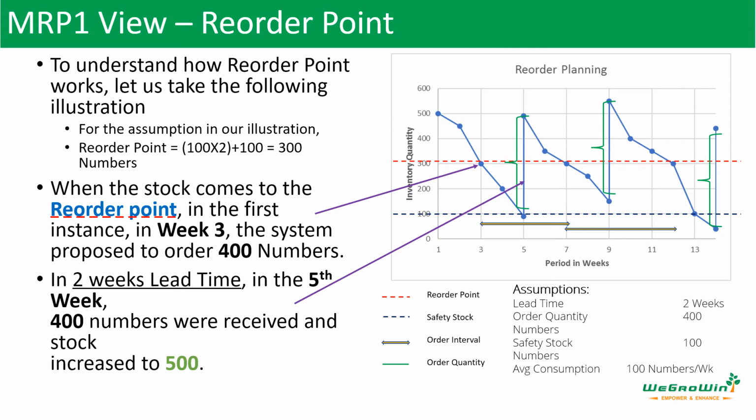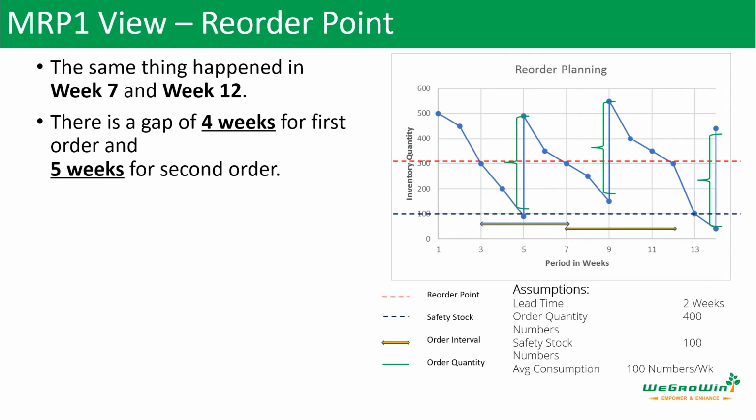By the time the stock would have reached 100, this 400 increases the total stock to 500 numbers. The same thing happened in week 7 and week 12. What we can see here is that the stock is reduced and then filled in week 9. Again the stock reduced in week 12 and is filled in week 14.